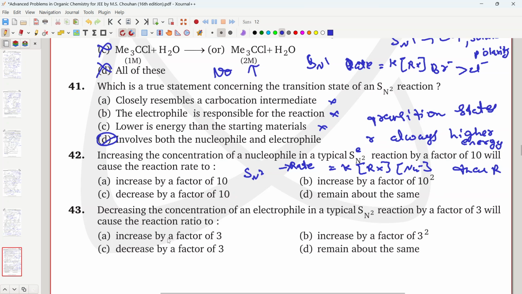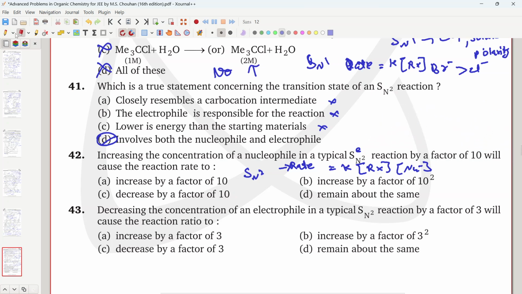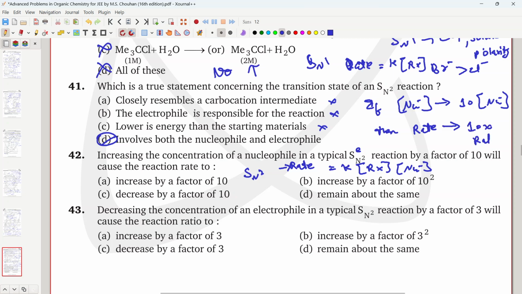Now, if the nucleophile is multiplied by 10, then the rate will also be multiplied by 10. So the answer is A.